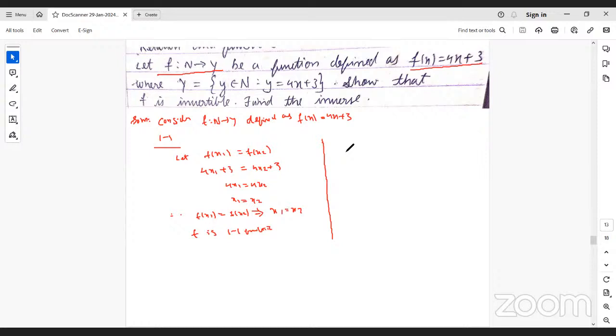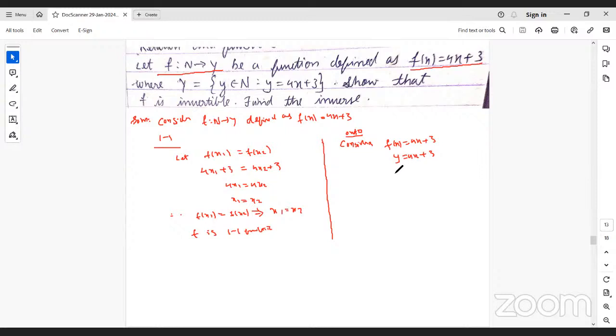For onto, we need to consider the given function. In case of onto, consider f of x is equal to 4x plus 3. We need to convert this given function in terms of x. So the function is in terms of y now. y equals 4x plus 3, and we need to convert it in terms of x.